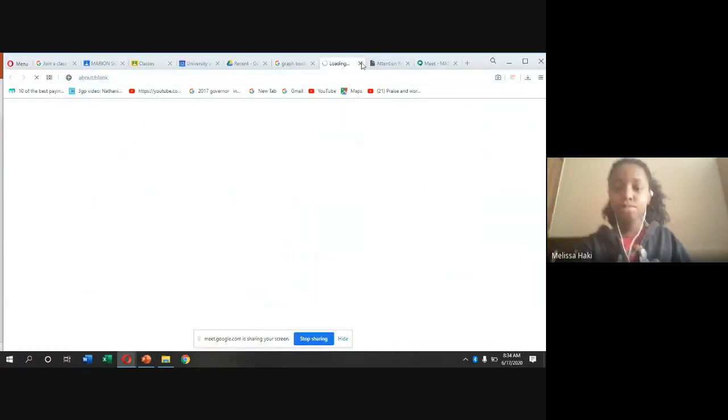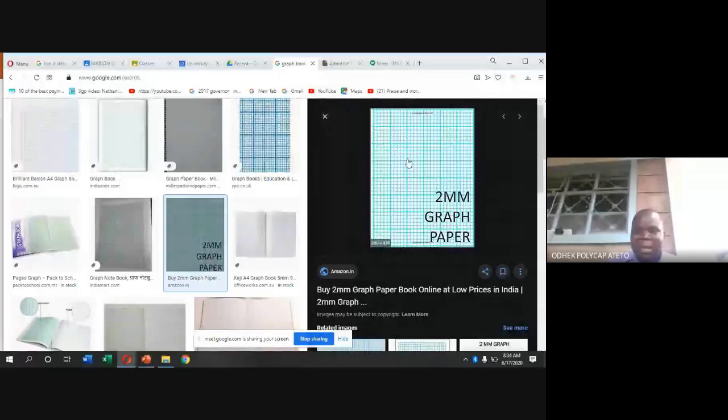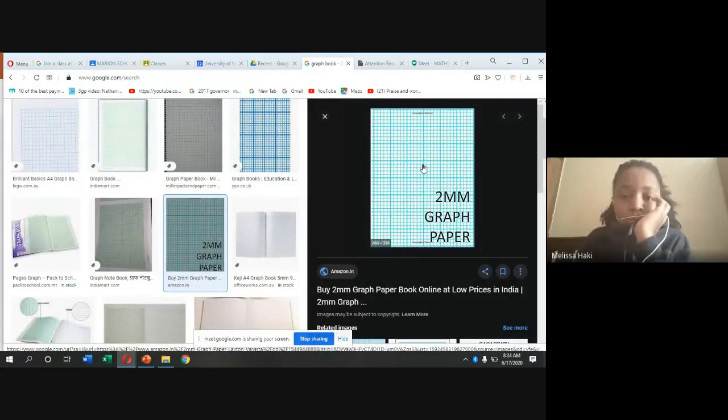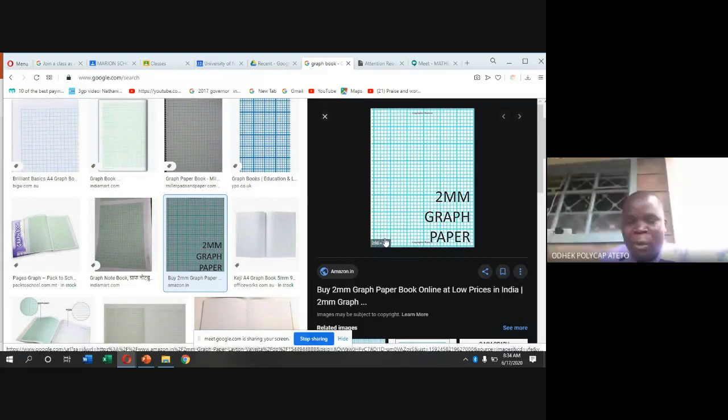So the first thing that you need to know is, in a graph, are you seeing now the graphs that I have on my screen? Yes. Now in a graph, there is what we call the scale. In a graph, we have vertical scale and horizontal scale.